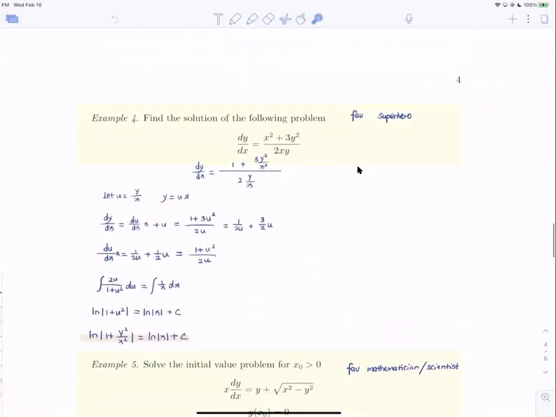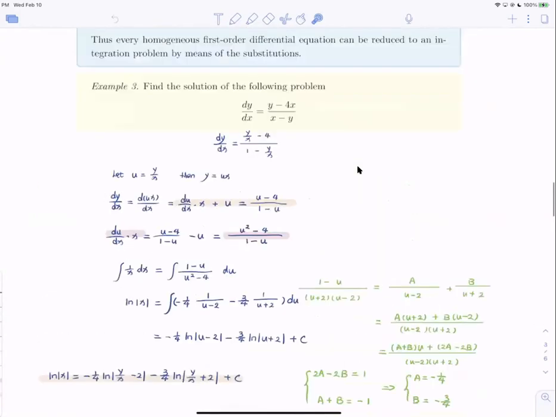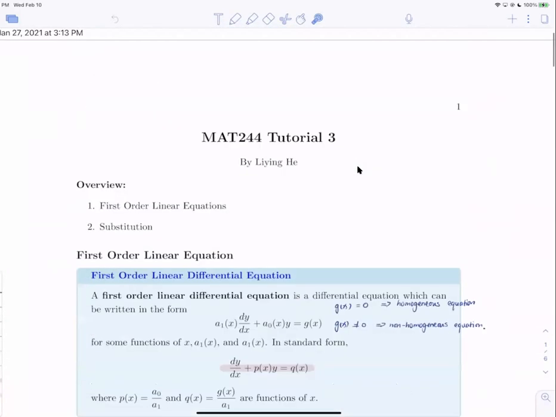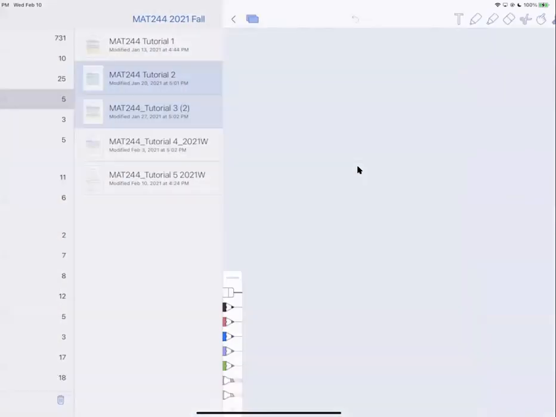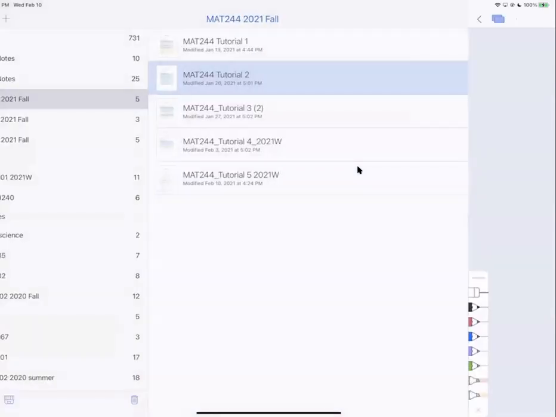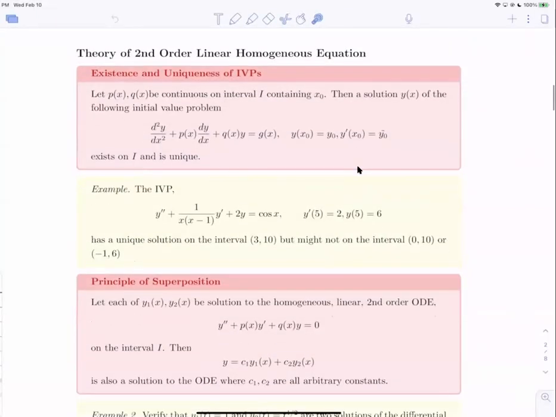Okay, I don't know where I mentioned it. Did I mention this? Oh, here. Never mind, that's what I mentioned for separable. So it's different.